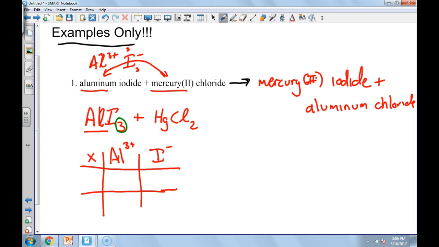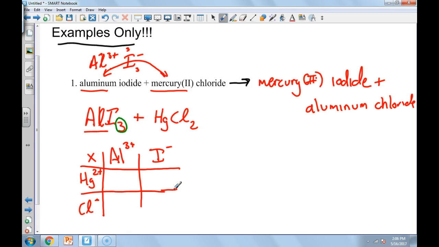Now we're going to do the same thing with mercury 2 chloride. So this is Hg2+, and I would put the charges there, and then chloride is minus. And remember, you can use a periodic table to figure out the charges for the main group elements and things like that.